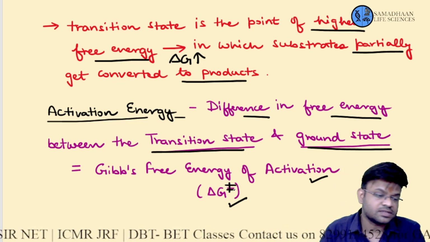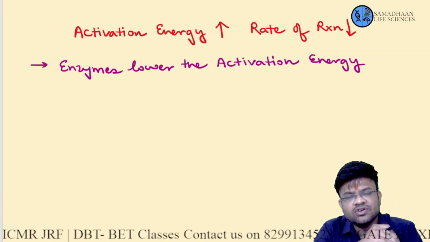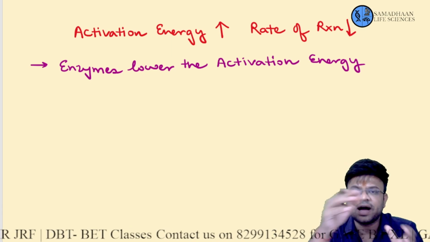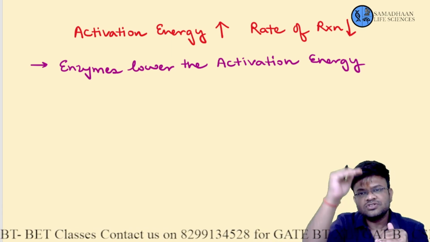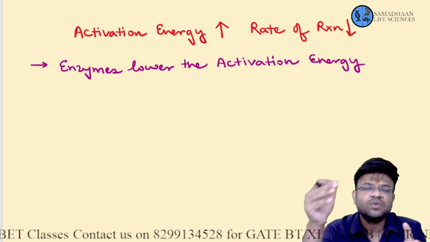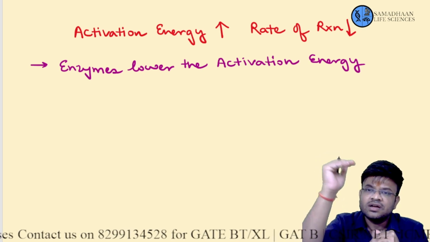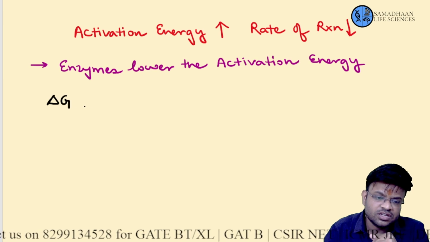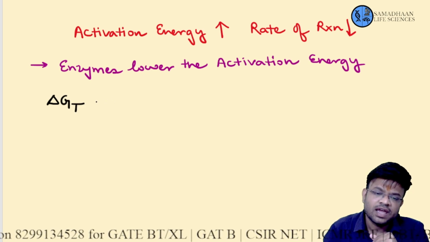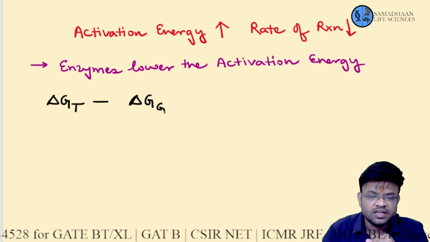Now understand this: if the activation energy of a particular reaction is very high, what do you mean by this? When I say the activation energy of a reaction is very high, I simply want you to understand that the difference between the delta G of the transition state and the ground state is very high.